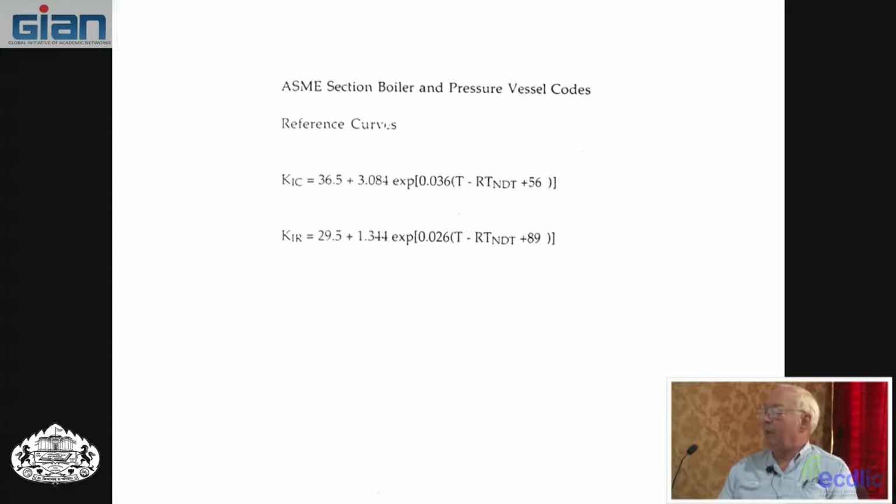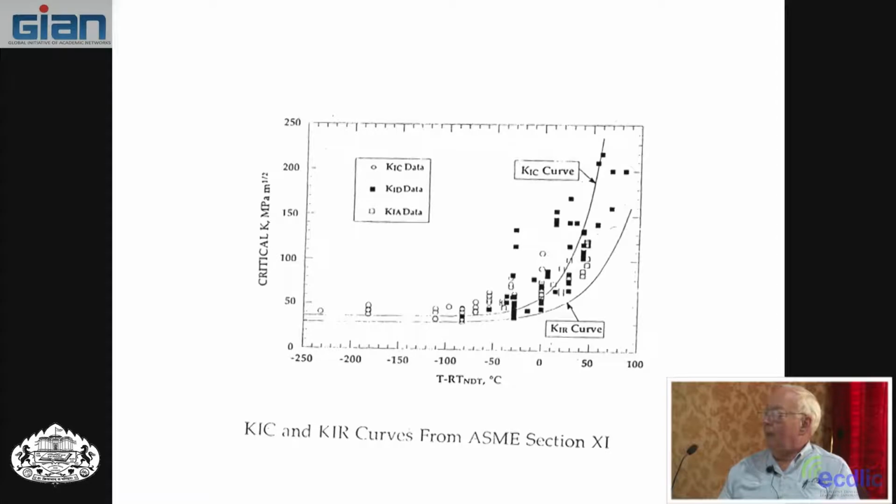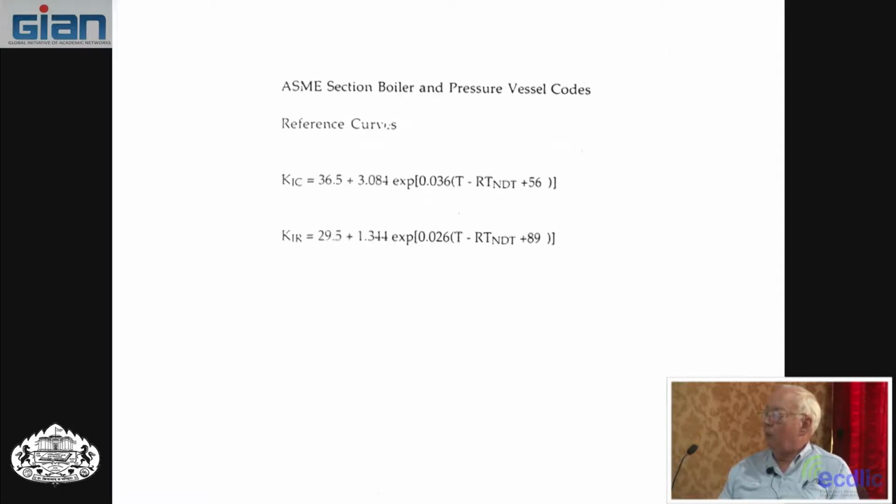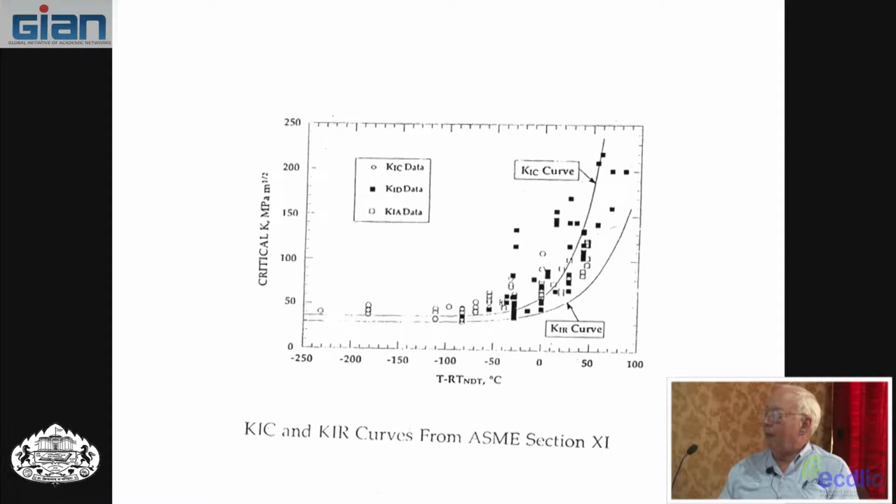Those are tests run by E399 to get a valid K1C number, and then the KR ratio are things that are run by other standards or no standard at all, dynamic or crack arrest or something like that, and then lower bound curves were drawn, and an exponential was written for that.